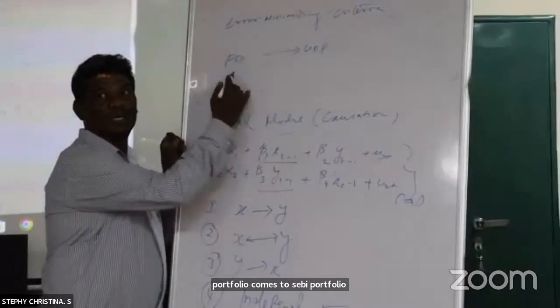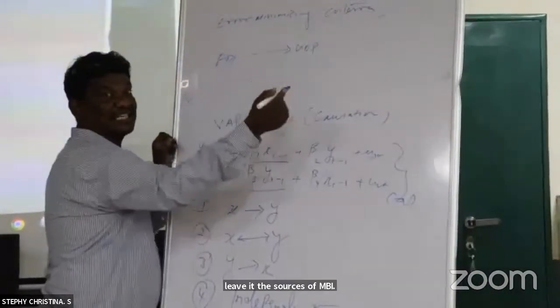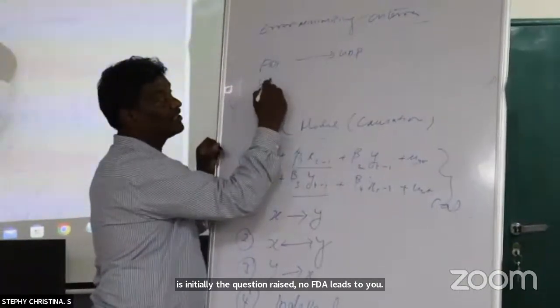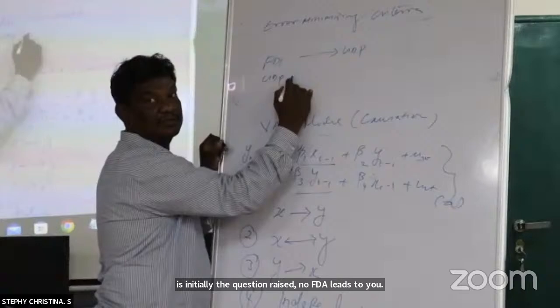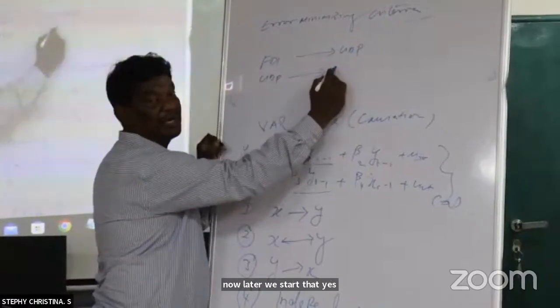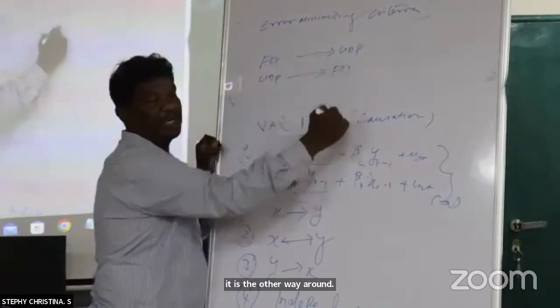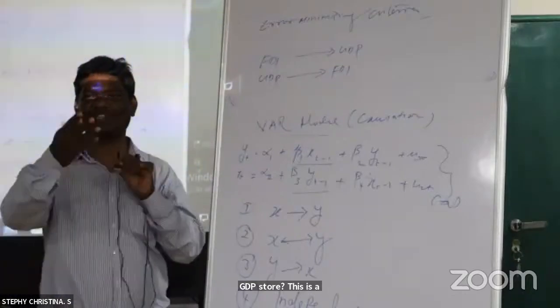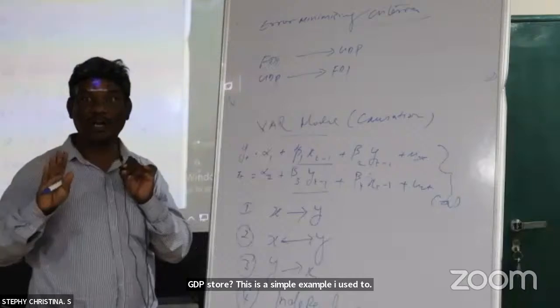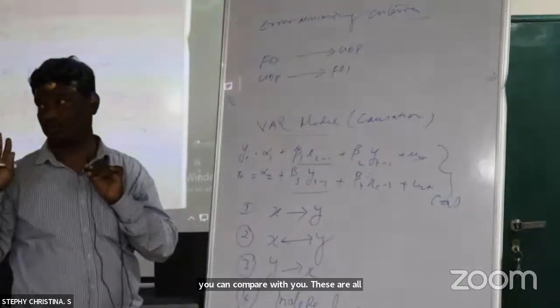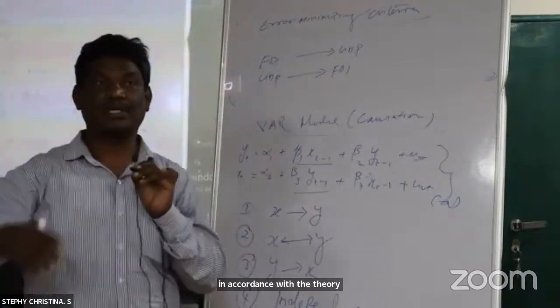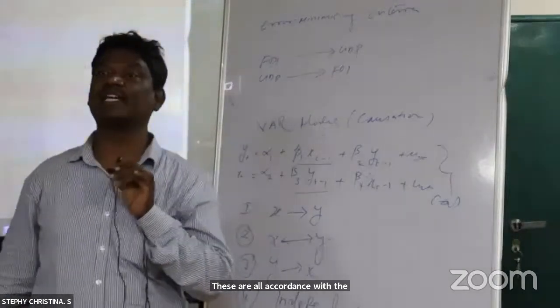Initially the question raised was whether FDI leads to GDP. Later we found that it is the other way around: GDP leads to FDI. This is a simple example, and these are all in accordance with theory, the classical theory and endogeneity theory.